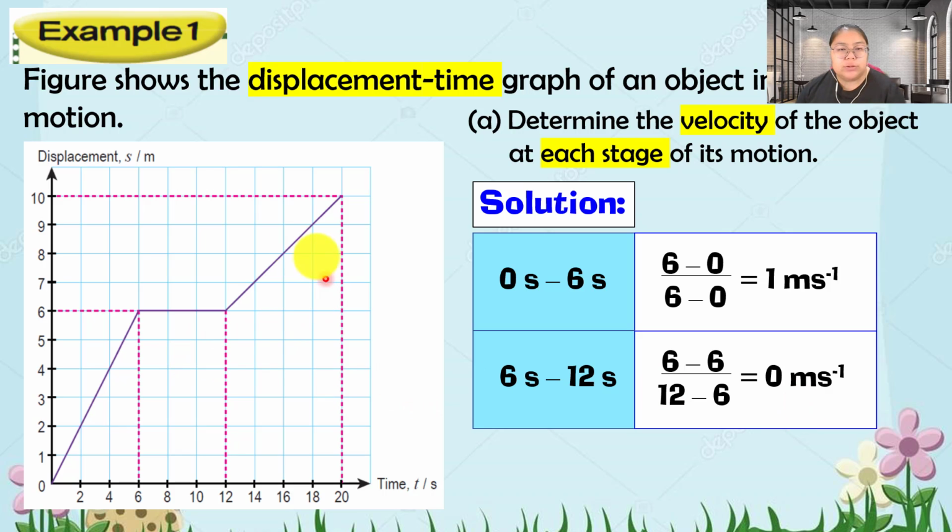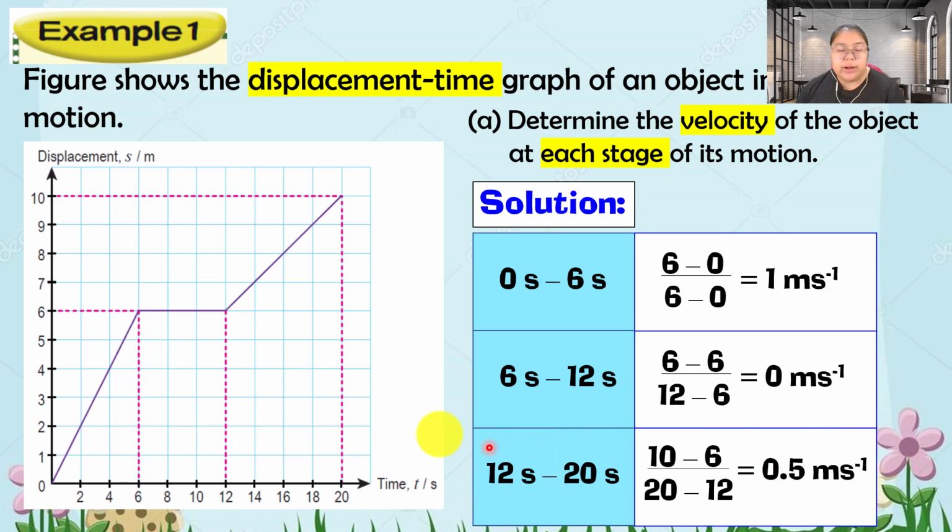Okay, now we go to the last part. Can you see the graph is going up again? This graph is still positive, still continuing to the right-hand side. So we still need to find the gradient, from 12 until 20. So it is 10 minus 6, over 20 minus 12.